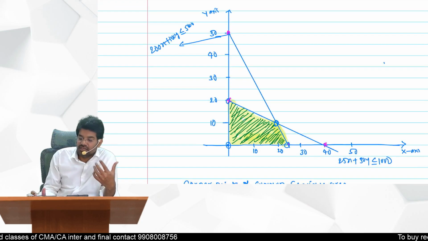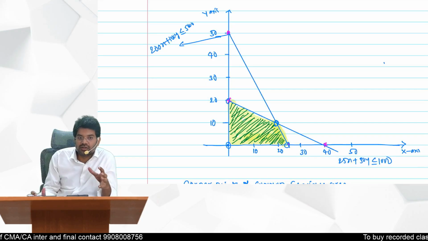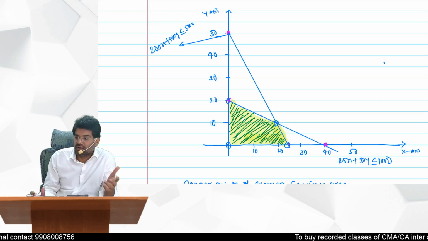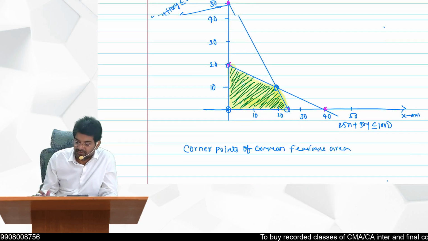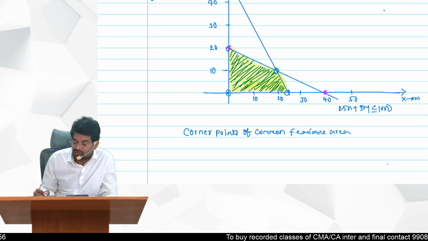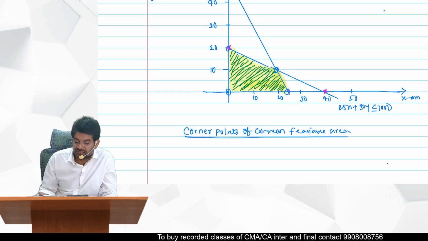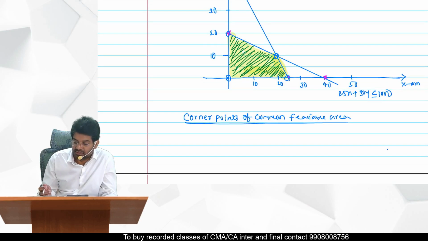See, in an examination, if you are unable to identify the corner points, you can solve the equations also. Even by solving equations you can get them. So the corner points of the common feasible area: 0, 0 is anyhow there. Other corner points you can take.